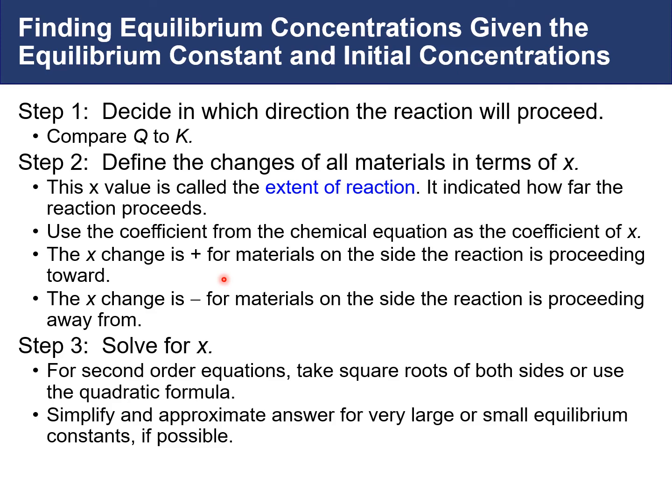By this, I mean if the reaction needs to move towards the products because the Q value is too small compared to the K, so we would need to increase the numerator, then the products are being formed, and so they would get a plus in front of their respective X values. The reactants would get a negative. However, if Q is greater than K, then that means that the reaction has to shift back towards the reactants. And so the plus would go with the reactants, the minus would go with the products.